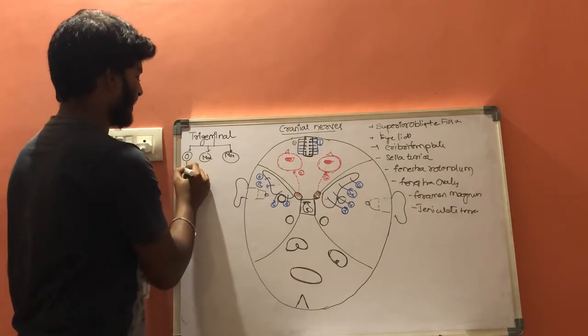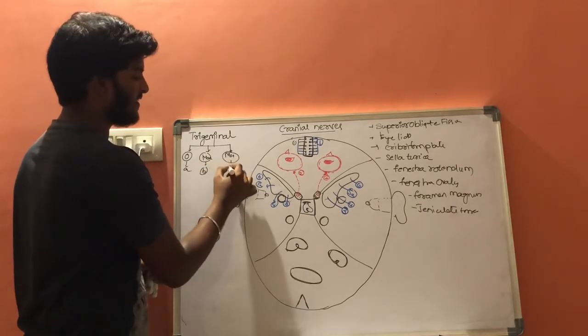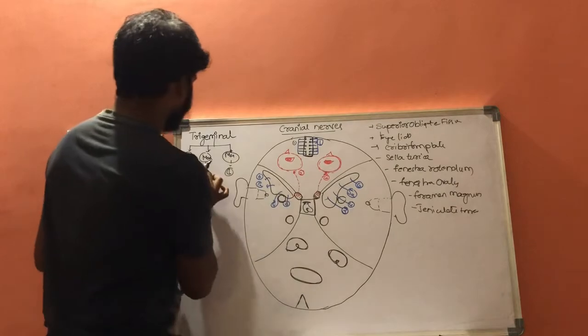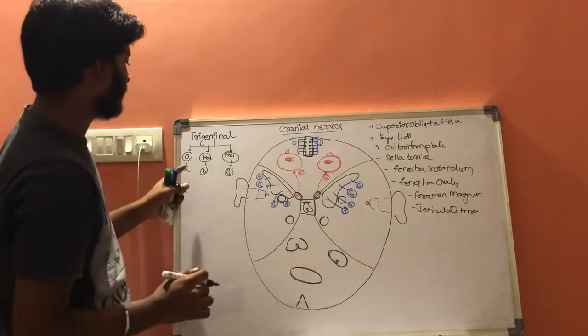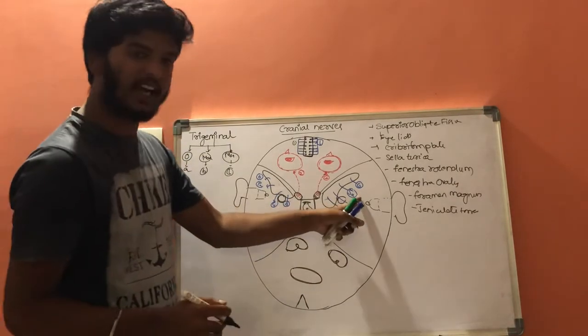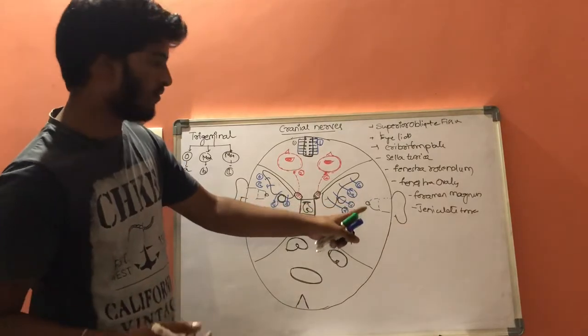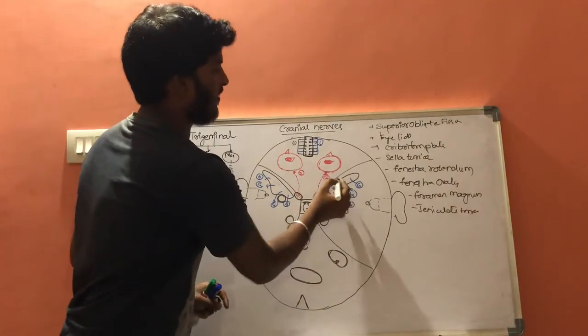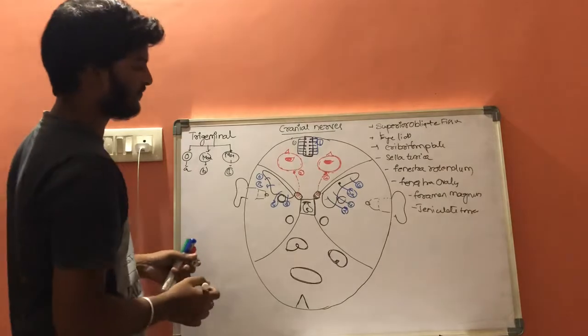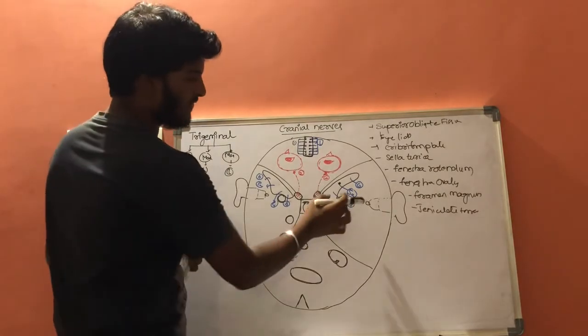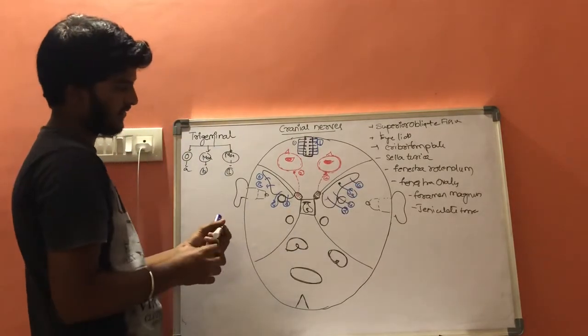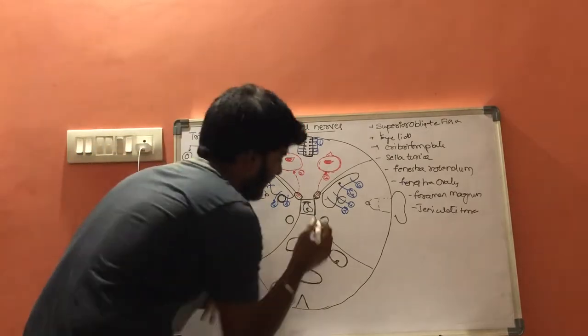This is called A type, this is B type, and this is C type. So the ophthalmic type of trigeminal nerve is coming out from this superior orbital fissure.